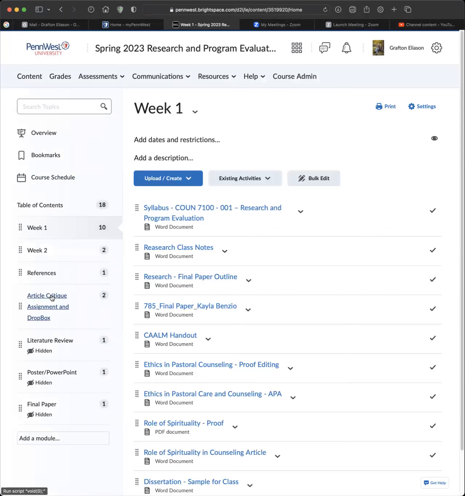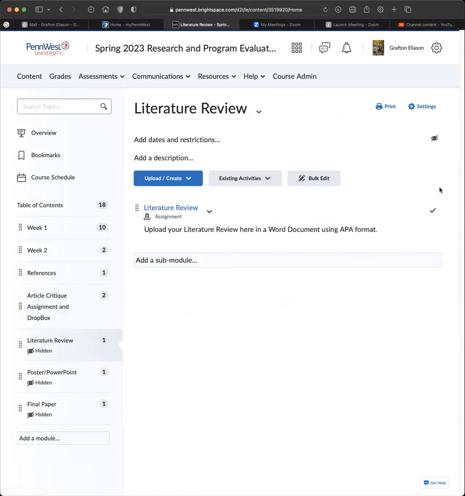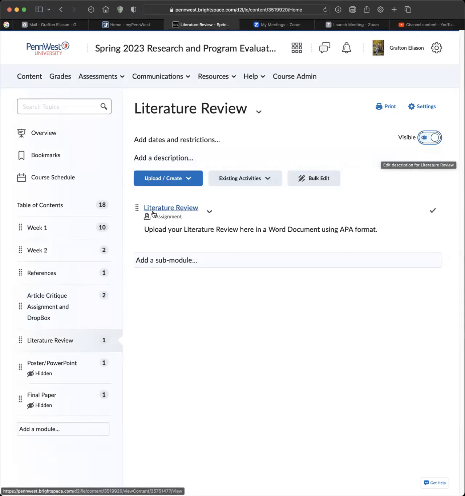Okay, so here's the article critique that I talked about in the last video, video instructions and the Dropbox. Here's the literature review. I'm going to open that up, even though it's not due till the first Tuesday after spring break. But here's the Dropbox, and the video I'm making right now, I'm going to put right here for you to watch.